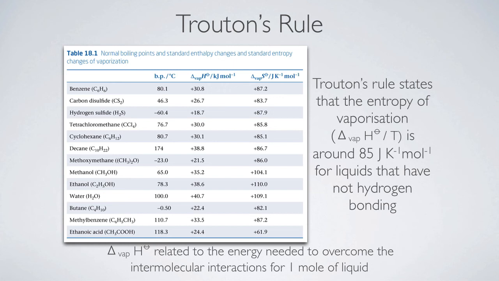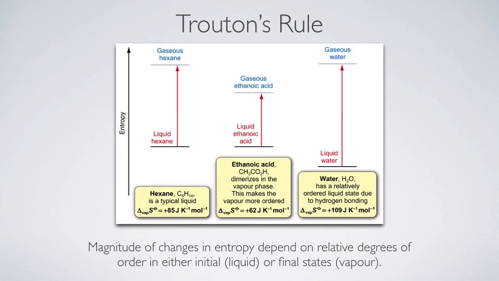And then if I go right to the bottom, I've got acetic acid, which is a lot smaller than we would expect. Well, we can explain that. So here, hexane, this is kind of my ideal thing, behaving to my rule of thumb, 85 joules per kelvin per mole as my entropy of vaporization. My acetic acid has a dimer, a molecular dimer, in the gas phase.